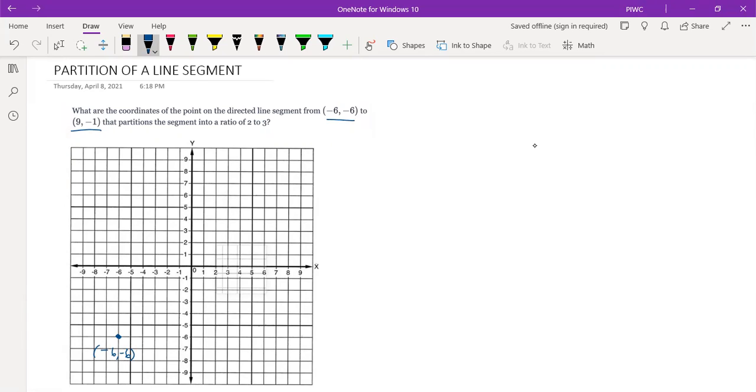So x is 9, and then y is -1. So that is this point here, which is 9 and -1. Okay. So let's join the 2 points with a straight line. So I'm going to join this point here all the way to this point.